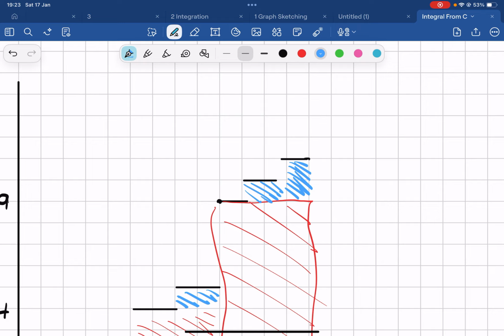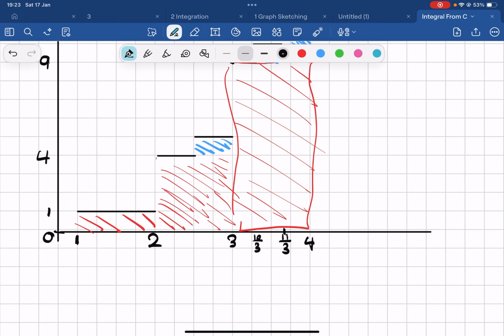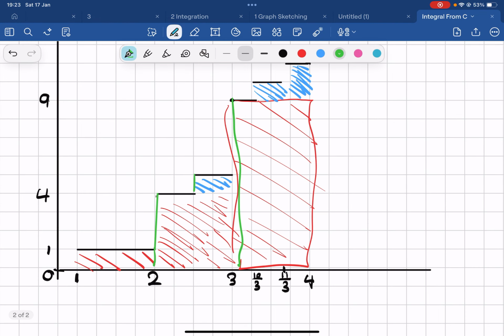I think it'd be helpful to just box off our sections. So, let's write this in green. From 1 till 4, we have to deal with these areas.